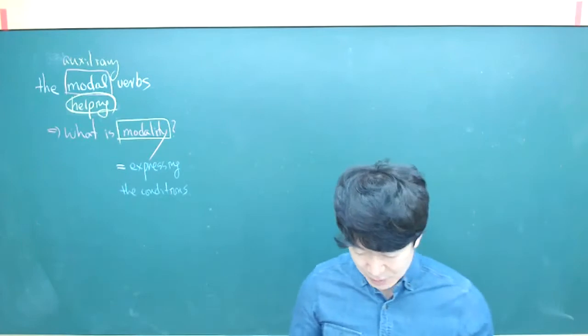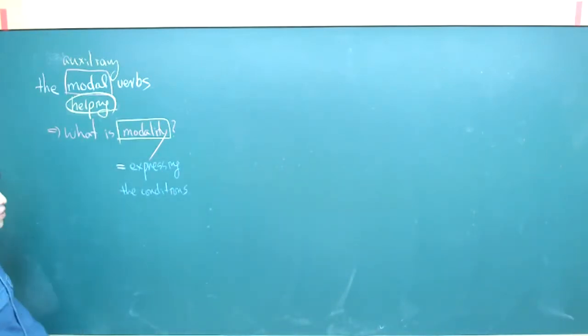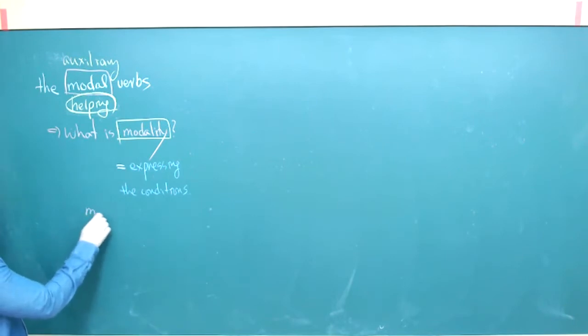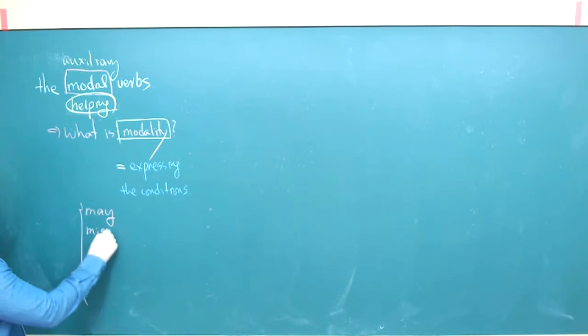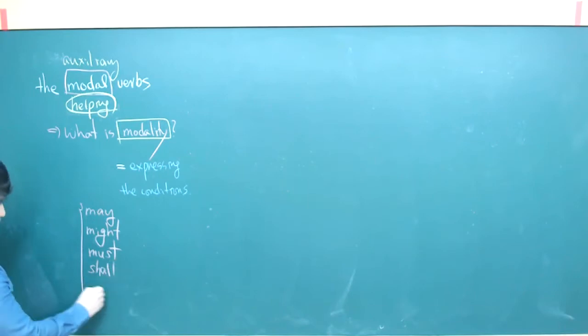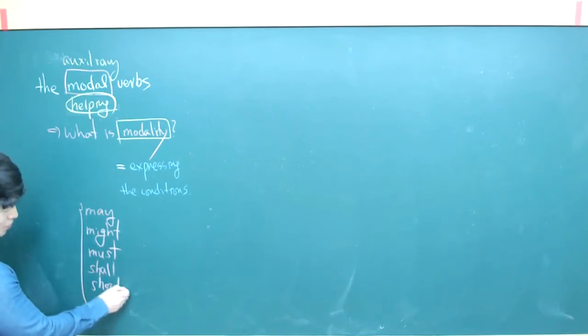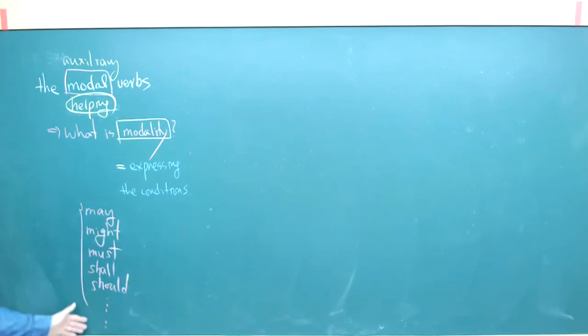For example, let me give you some examples of modal verbs. You may be well aware of these modal verbs. May, might, must, shall, should, and so on. These are the examples of modal verbs.